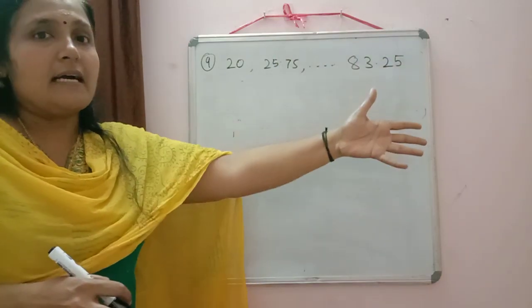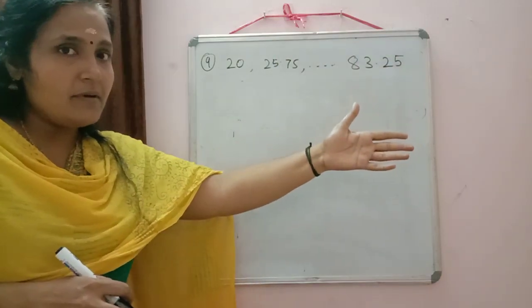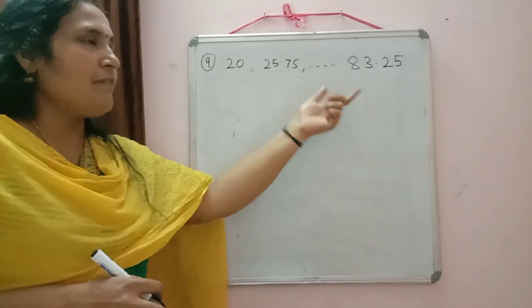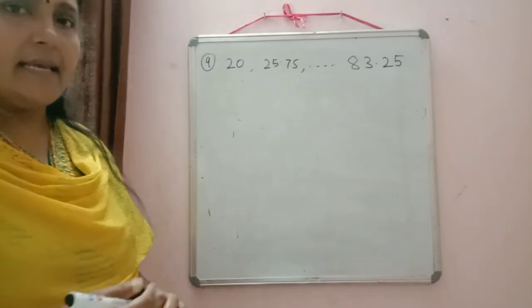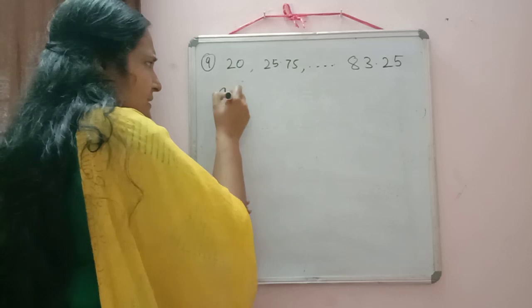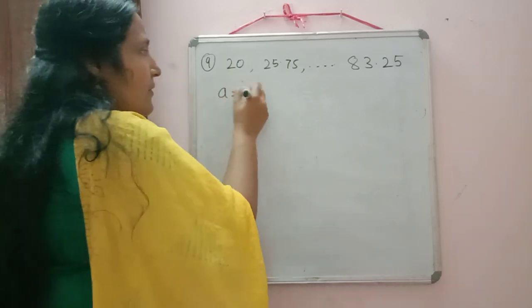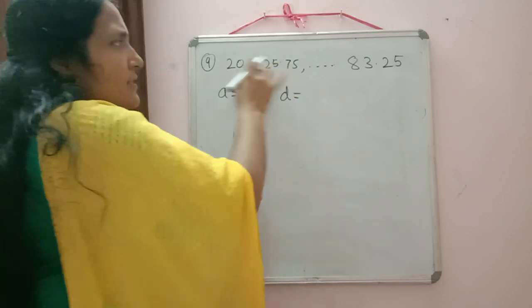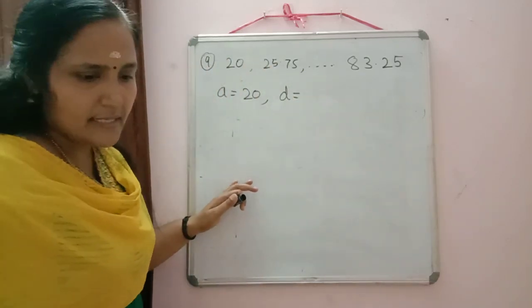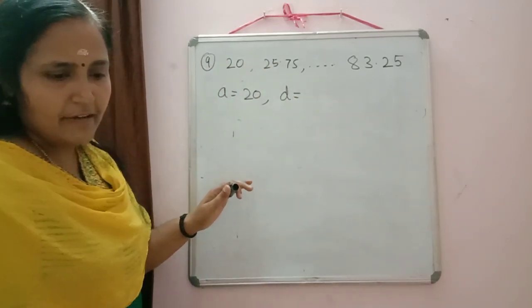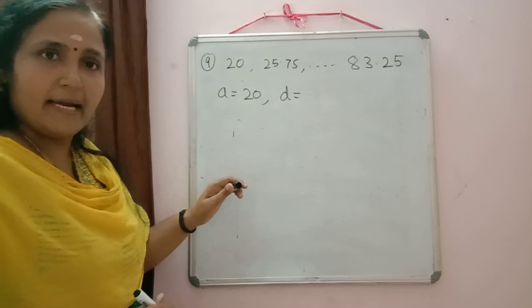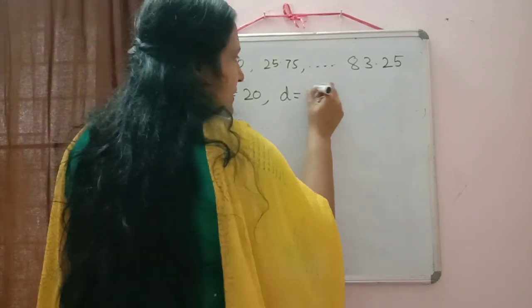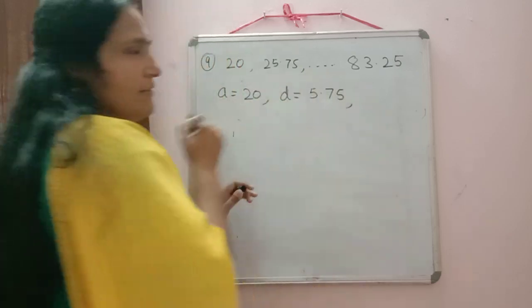In which week? Means what we have to find out? Yes, we have to find out the value of n. What is the first term here? A is equal to 20. And common difference D. Already it was written, increased my weekly saving by rupees 5.75. So common difference is 5.75.